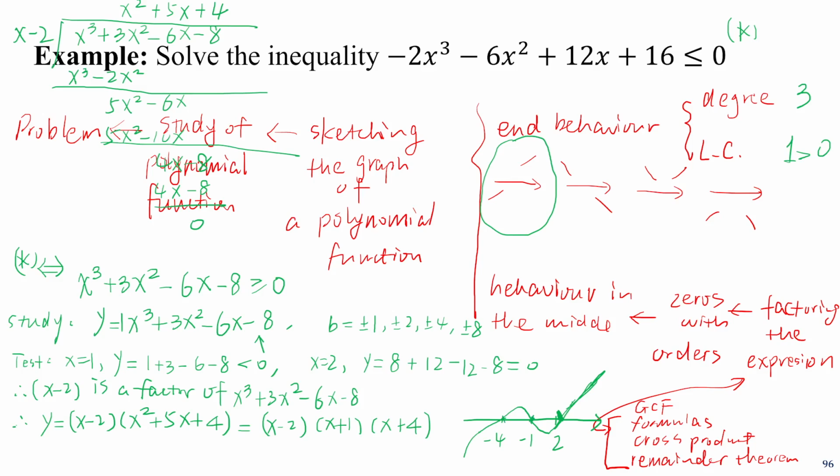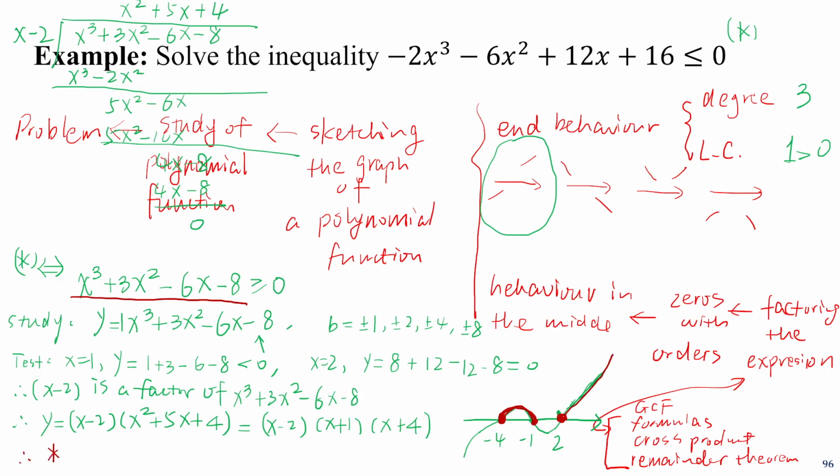For this particular question, we do not need the position of the y-axis, so you can just leave it there, because we want to find the interval such that the function y is greater than or equal to 0, right? So we can easily see that it is this interval from -4 to -1, together with another interval from 2 all the way to positive infinity, right?